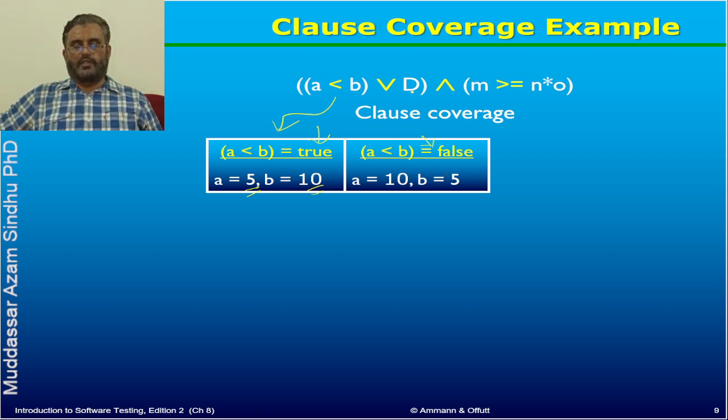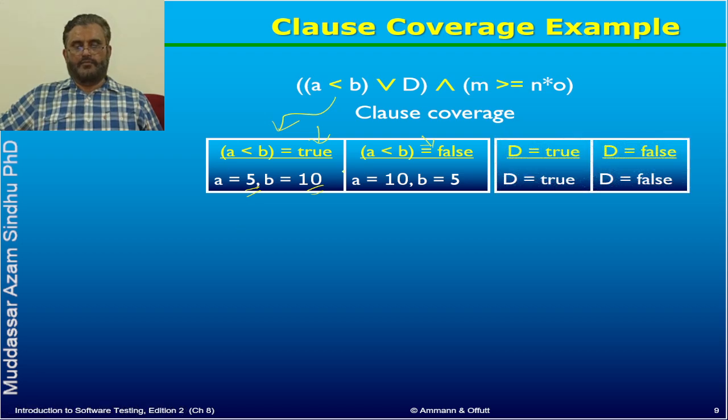And in the same way, we can make this boolean variable d both true and false with a couple of statements. So in this case, d is true and d equal to false. It means we achieve the class coverage for this boolean variable d class by assigning values true and false. Now the last expression or last class is left, in which we have the m variable on the left hand side of the greater or equal to operator and n times o on the right hand side of this operator.